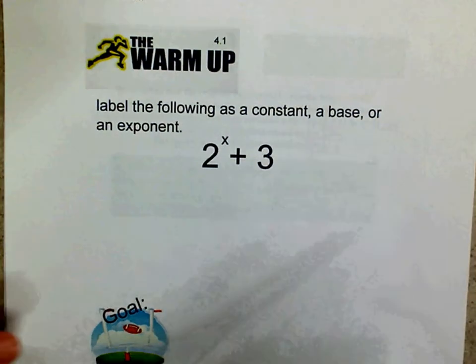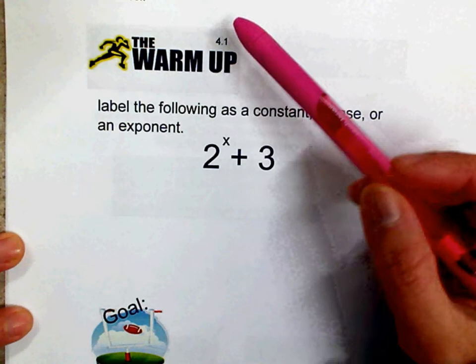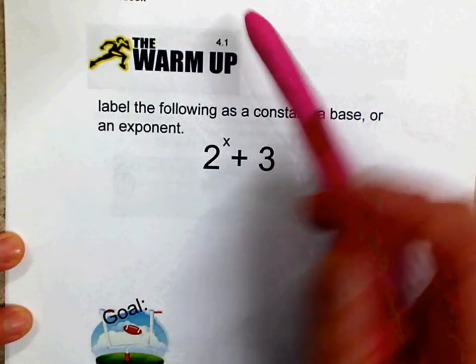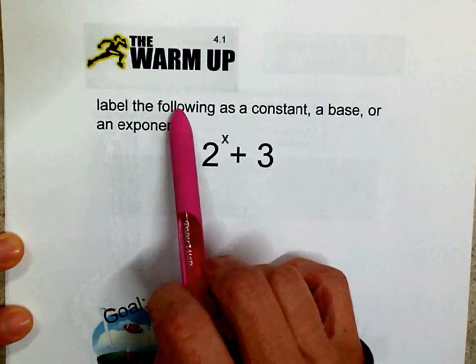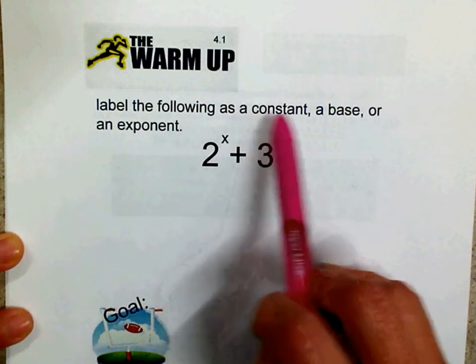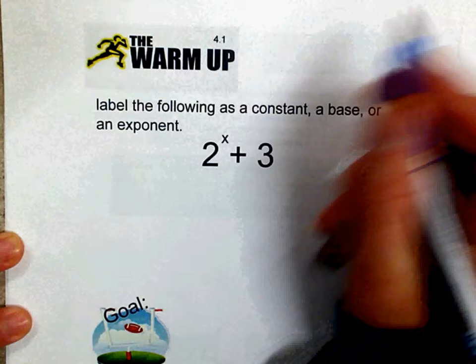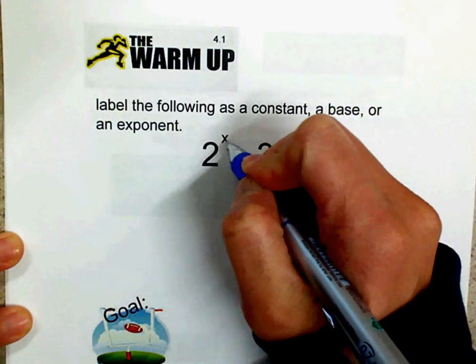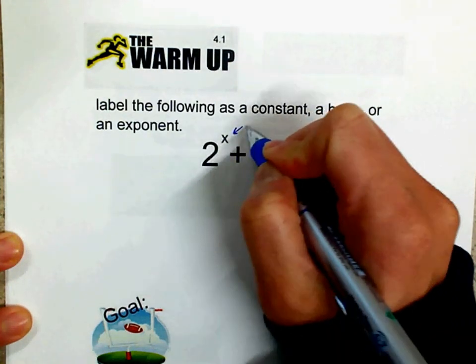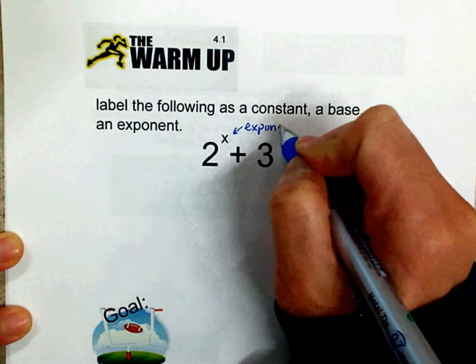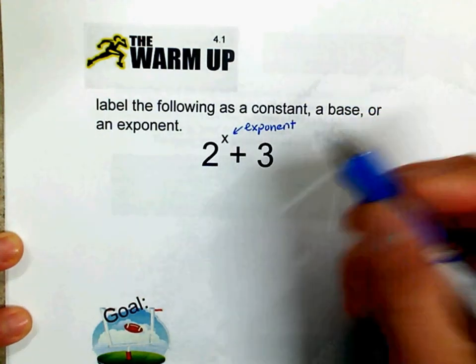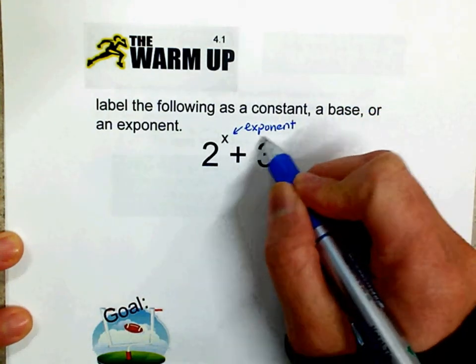For part A, let's look at the warm-up. 4.1. It says, label the following as a constant, a base, or an exponent. Everybody knows that when you write this little part and it goes up, that is called your exponent. Do you see how this number is all by itself and there's nothing to it?